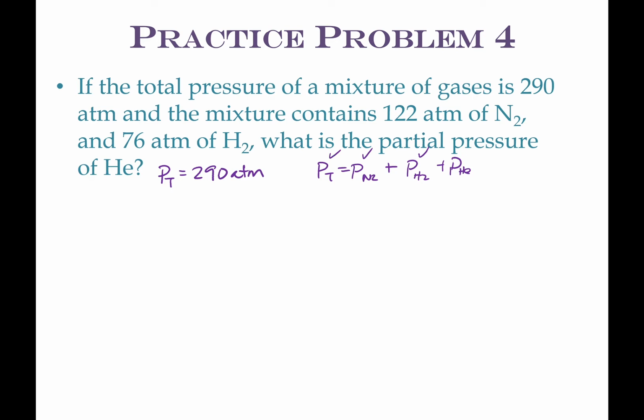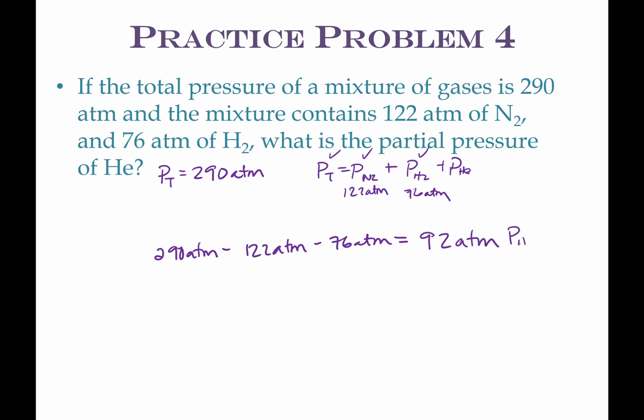Nitrogen is 122 atmospheres, and hydrogen is 76 atmospheres. So we're going to say 290 atmospheres minus 122 atmospheres minus 76 atmospheres. And we get 92, which is the partial pressure of helium. So some of them can be very simple as well.